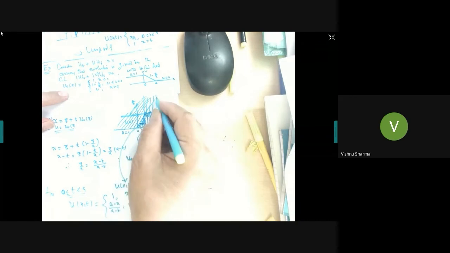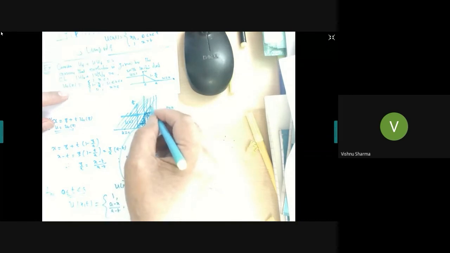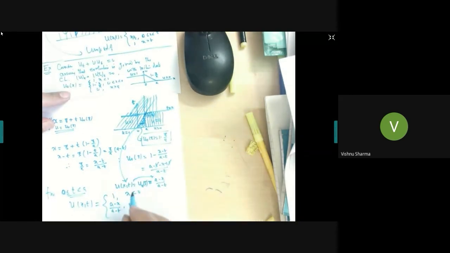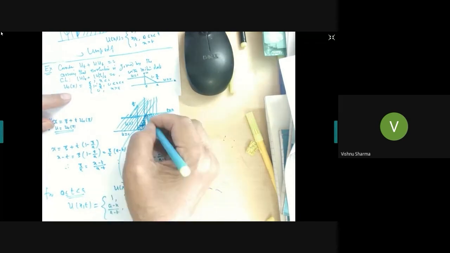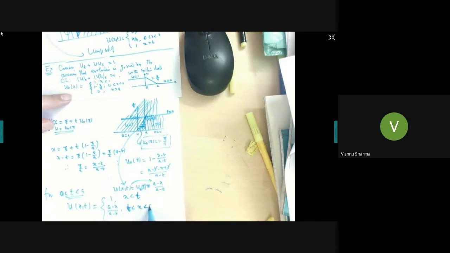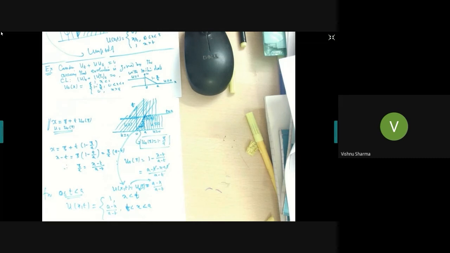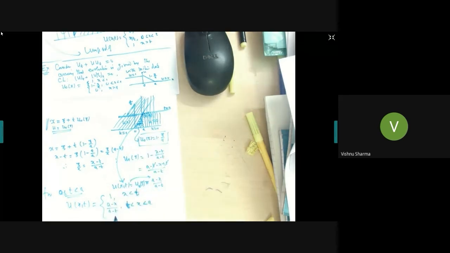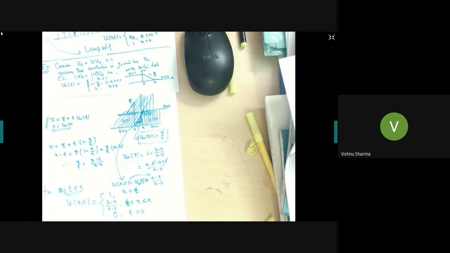This line is x is equal to t, so this region is x greater than t and less than a. Am I right? Please check. And in the region where x is greater than a, the solution is 0. This is the solution in this interval.